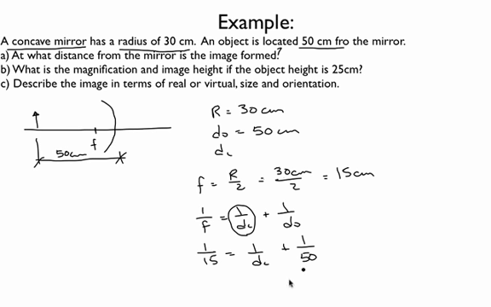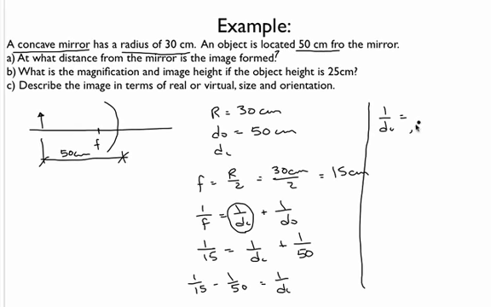All units are in centimeters, so we're okay there. So 1 over 15 minus 1 over 50 is equal to 1 over the image distance. So 1 over DI is equal to 0.047. So DI then is equal to 21.47 centimeters.